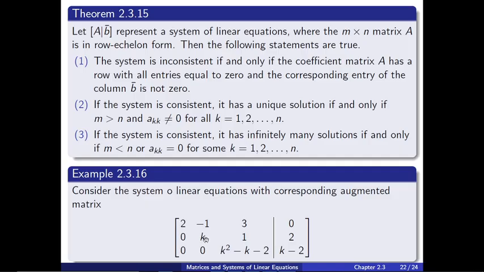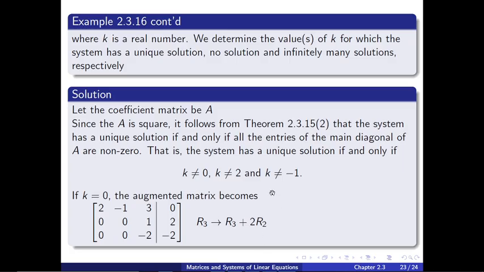And k squared minus k minus 2 cannot be equal to 0. That just means that k is not equal to 2 and k is not equal to minus 1. So for these three cases, that's when we get a unique solution.